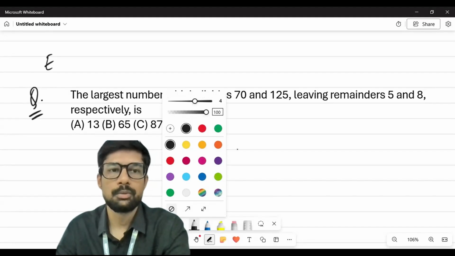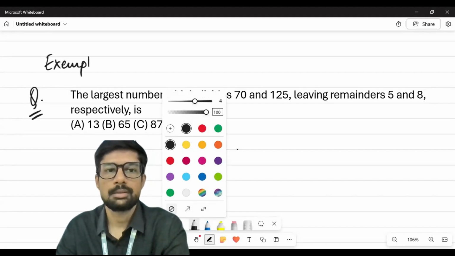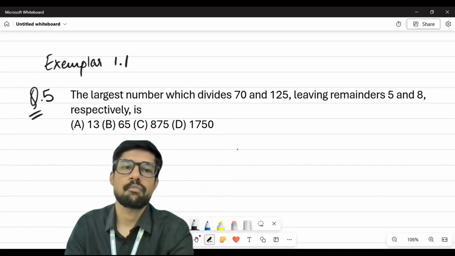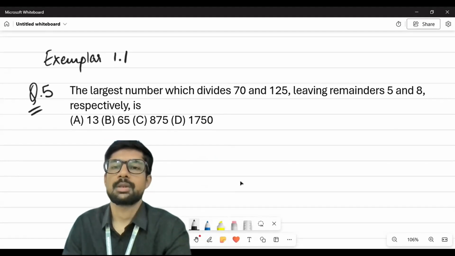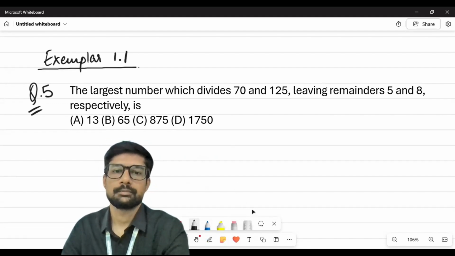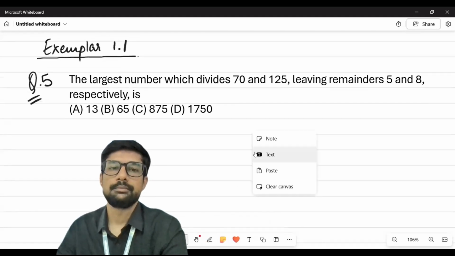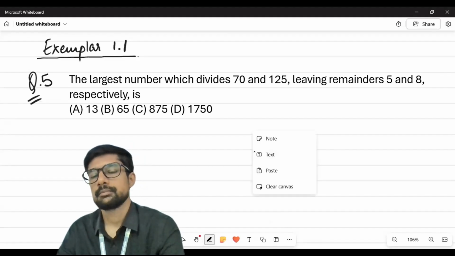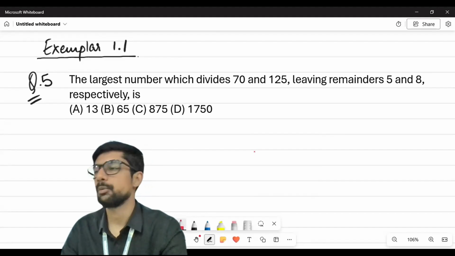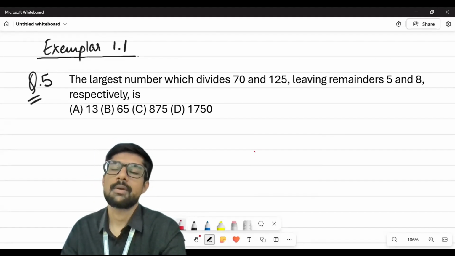Let's mark that too: exemplar 1.1, and we are taking question number 5. This variety of question has frequently been found in school exams. So we need to be ready with this language.